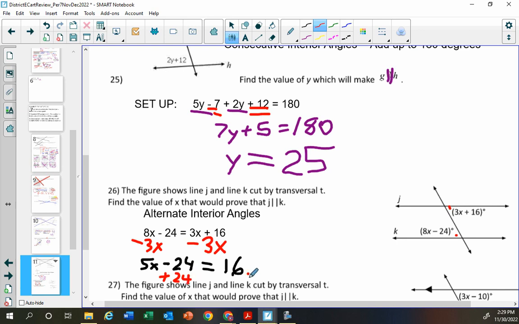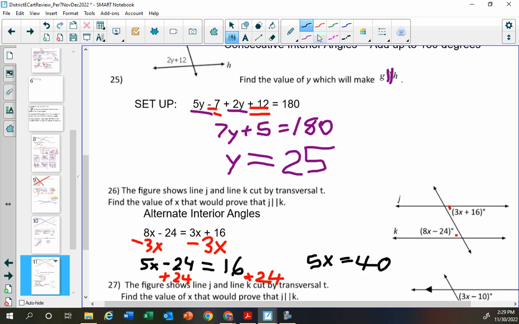This is stuff we've been doing a lot during Unit 3, maybe a little bit of Unit 4, towards the end of Unit 1. It's 5x equals 40.